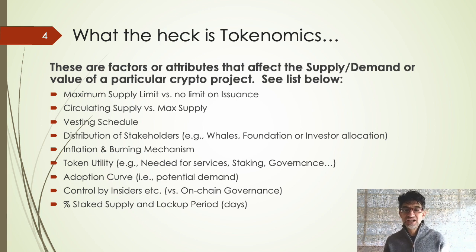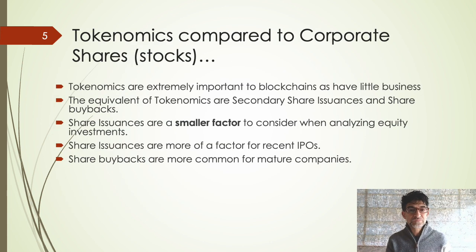And if it's on-chain, is it really on-chain, or is it like the old federal system where the elite really had the control, even though it's on-chain? And then lastly, what's the stake supply and how many days is it locked in for? Again, I'm going to talk about this in the presentation for some of the key factors.